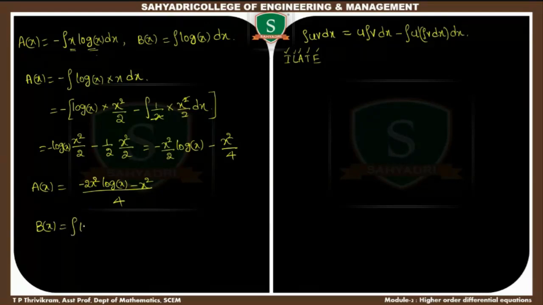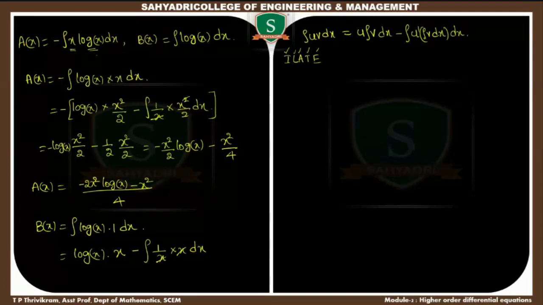So integral of log x into 1 you have to write dx. Okay, so apply the same formula. This one is equal to log x, integration of 1 dx is x, minus integral differentiation of log x is 1 by x into x dx.